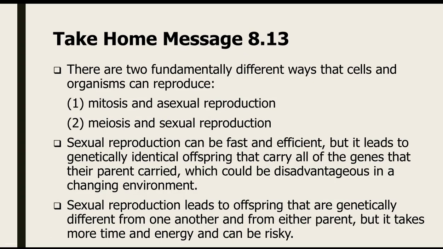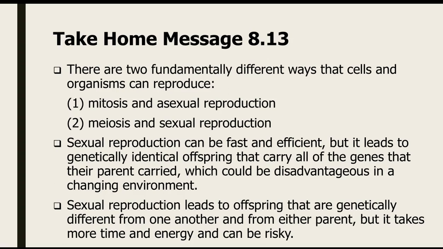So a lot of take-home message here from this. There's two fundamentally different ways that eukaryotic organisms reproduce, and that's mitosis and meiosis, which correspond to asexual and sexual. Mitosis is the asexual form of it, and meiosis is the sexual.